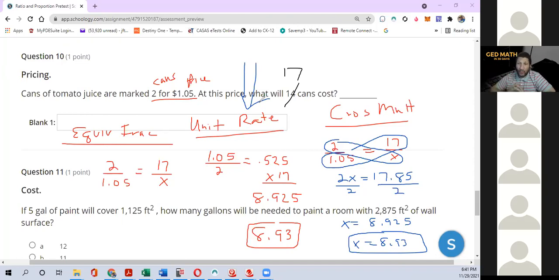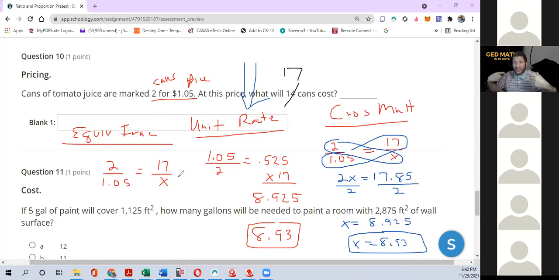Most people would probably try to use cross multiplication. What you will notice is it doesn't matter the proportion; you can solve every proportion by cross multiplication. So again, equivalent fractions, unit rate, or cross multiplication, you should be familiar with all 3 ways.